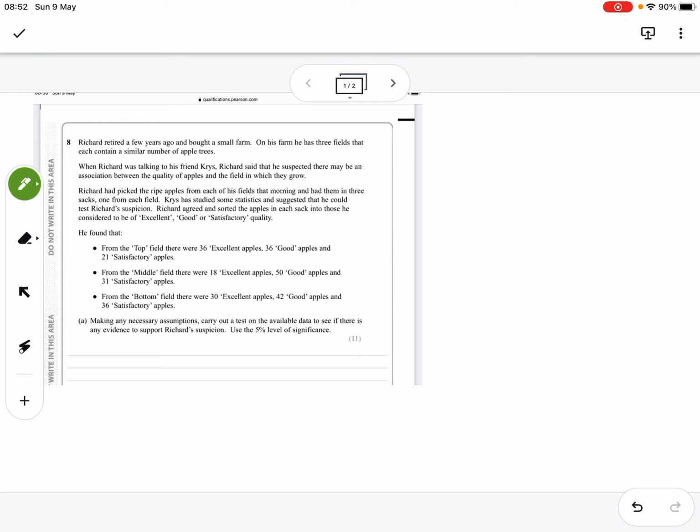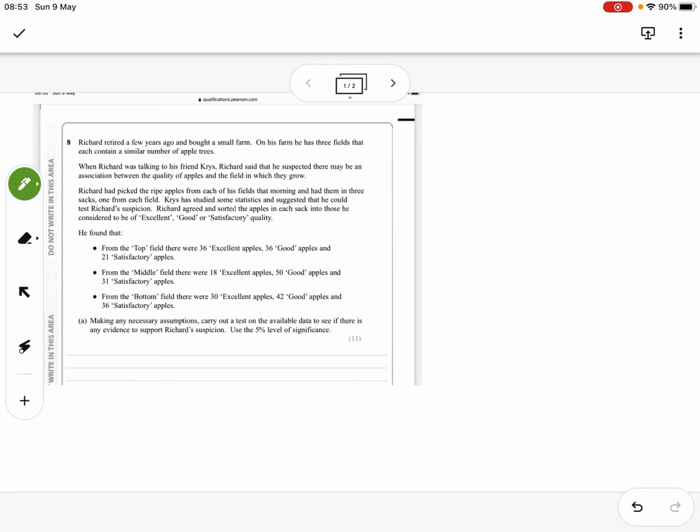Basically, he has a load of apple trees and 3 fields, and he wants to know if there is any correlation or association between where he gets the good or excellent apples and where he gets the not so good. So he's got the top field, where he gets 36 excellent, 36 good and 21 satisfactory.